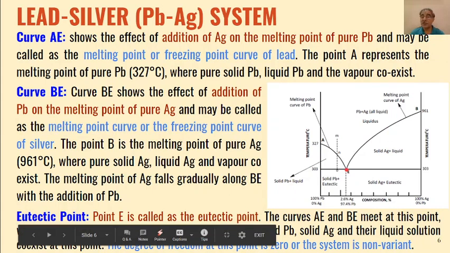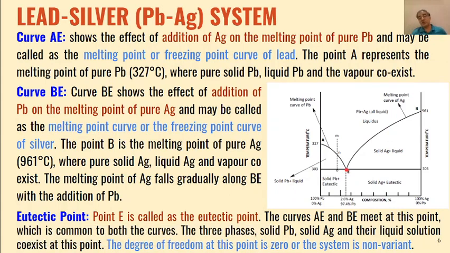And at point E, which is called the eutectic point, both the curves AE and BE meet at this point. The three phases in equilibrium at this point are solid lead, solid silver and their liquid solution. At this point the degree of freedom will be 0 because three phases are present.